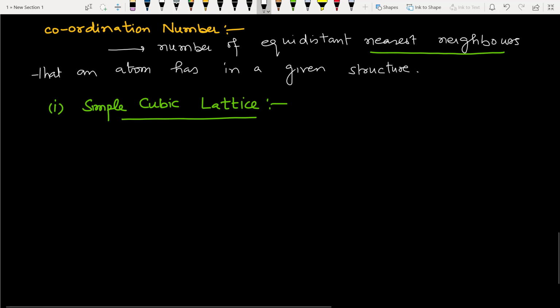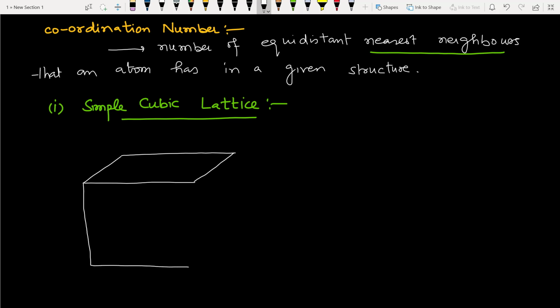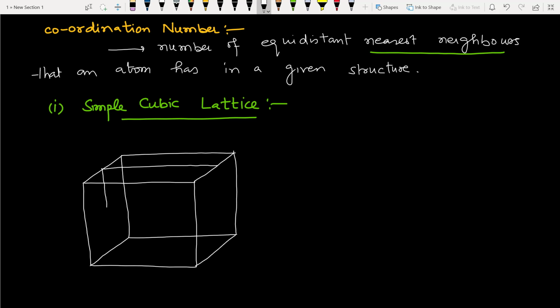So if we wish to draw a simple cubic structure, you might have drawn this cubic structure in your lower classes as well in chemistry.